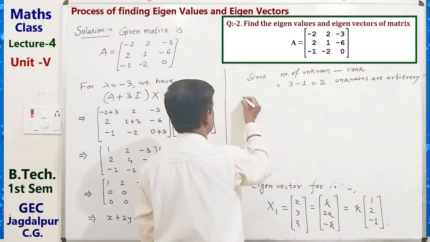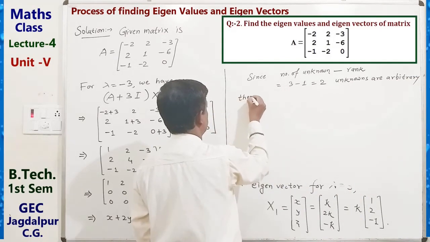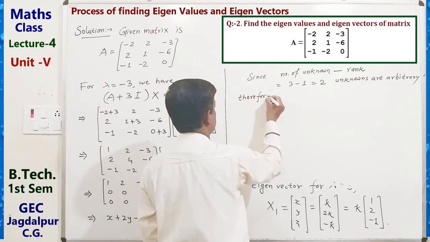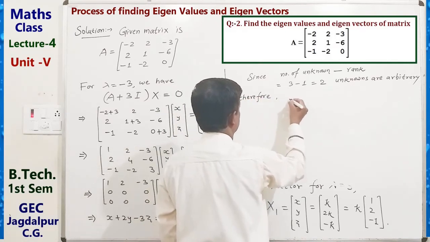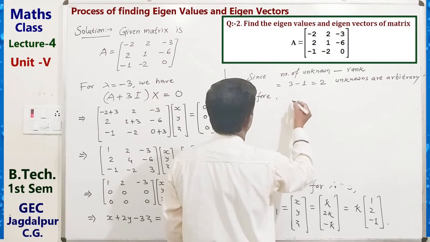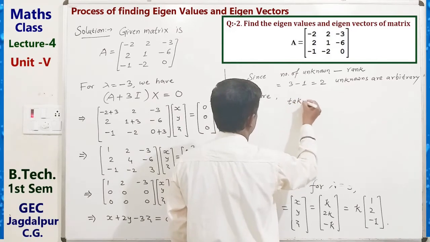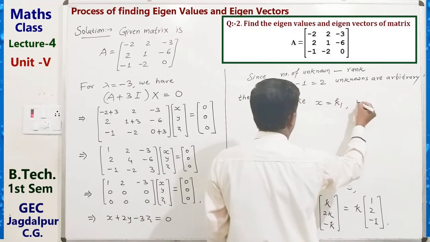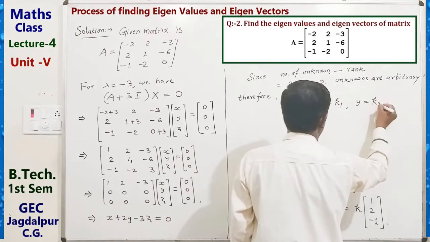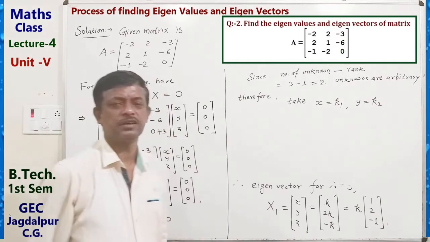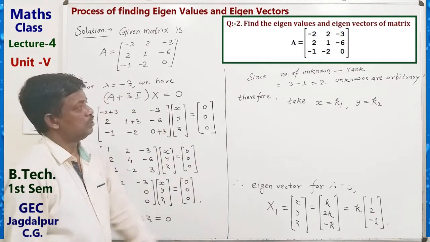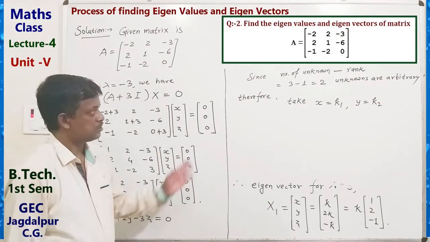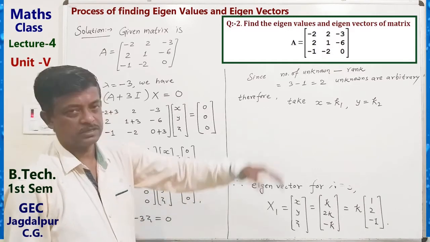So therefore take x equals k1 and y equals k2. Any two can be taken as arbitrary. Two unknowns are arbitrary.